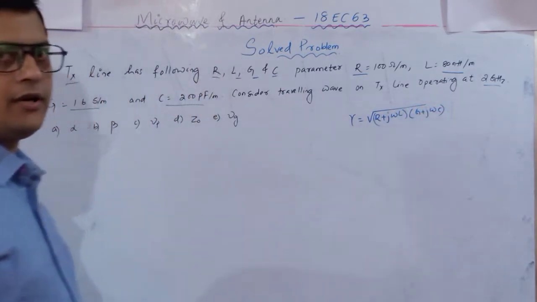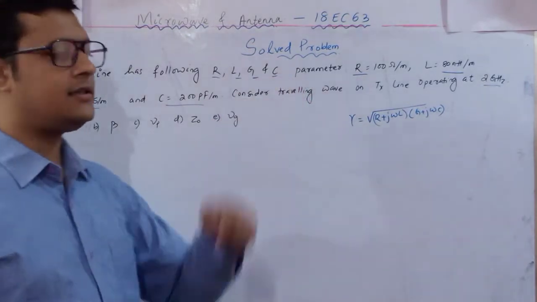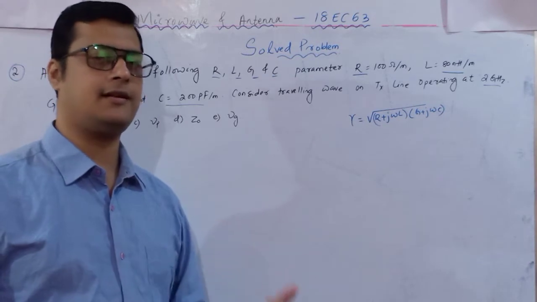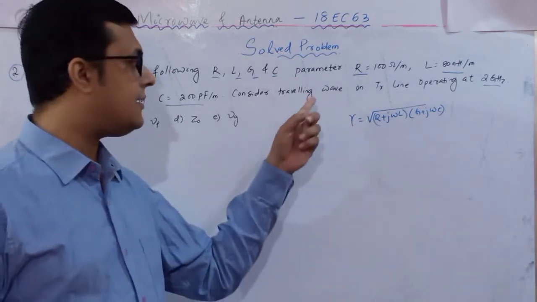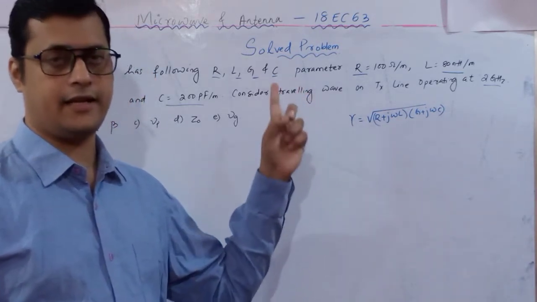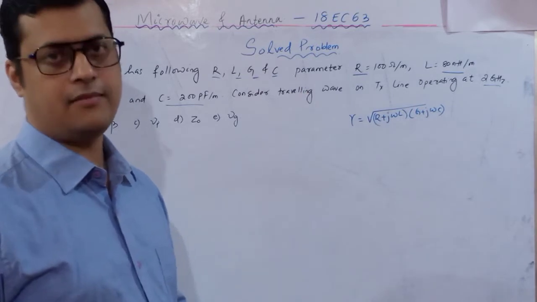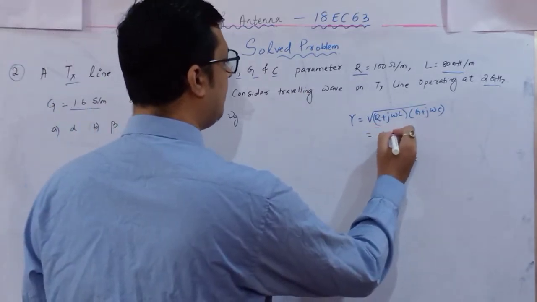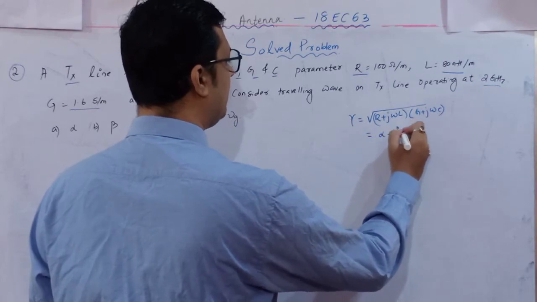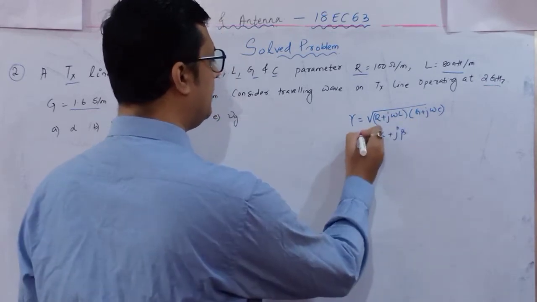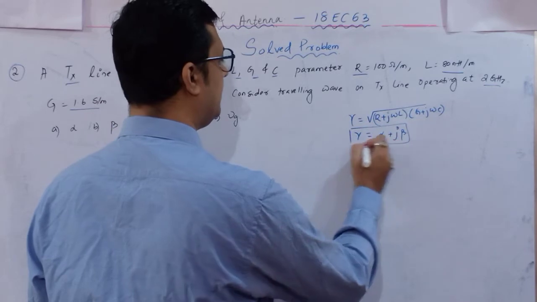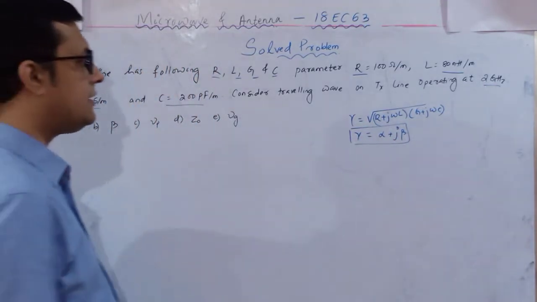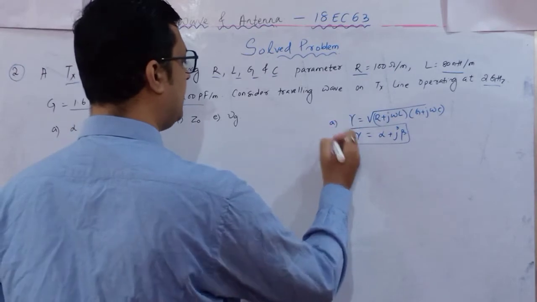And one more important thing, since all the RLGC parameters are given, that means this line I cannot consider as a lossless line. Rather this line is called a lossy line, in which all RLGC parameters are available. Okay. So if you solve this, we will get one real value and one imaginary value. So with the help of this relation, alpha and beta can be determined.